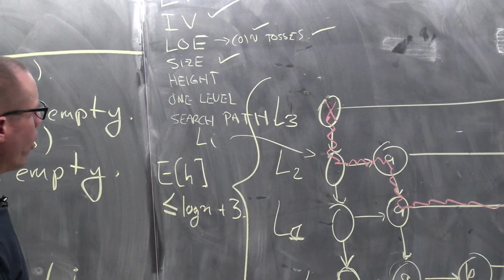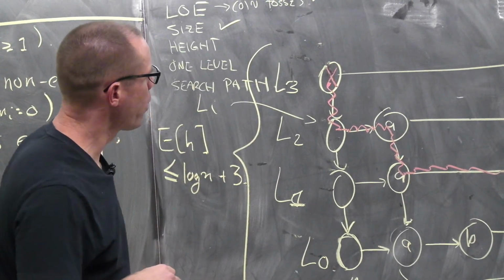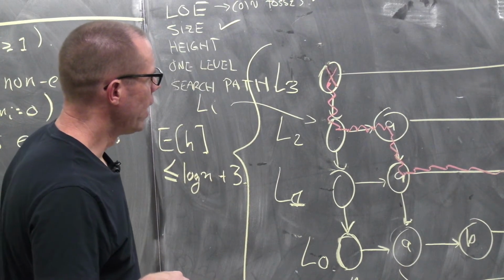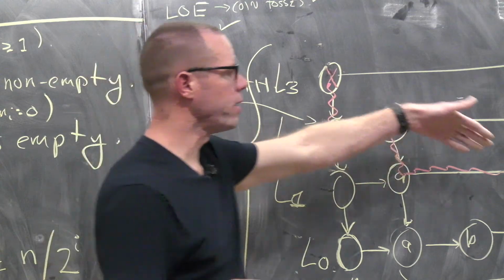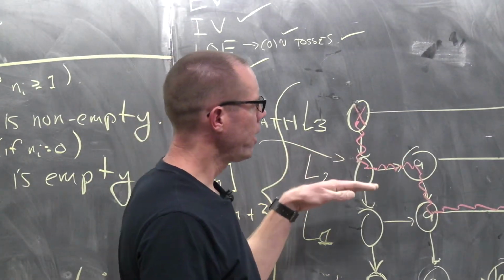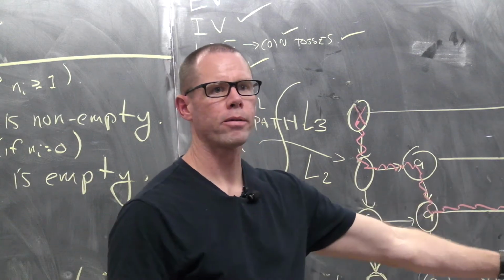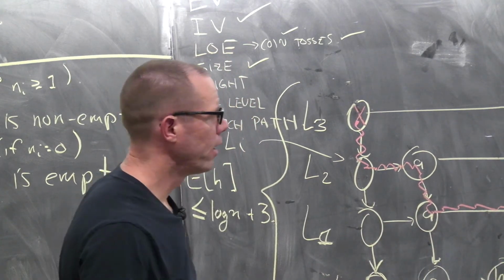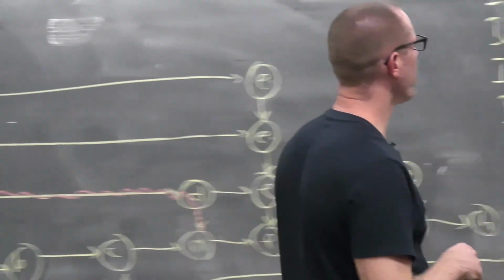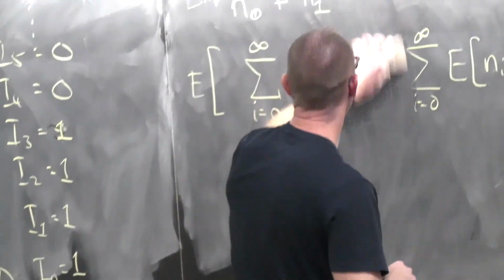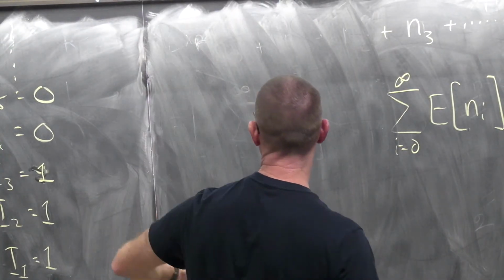So, we know something about this search path. We know how many steps down it takes in expectation. All we have to figure out now is how many steps it takes to the right. And that's where we really have to use our imagination a bit.